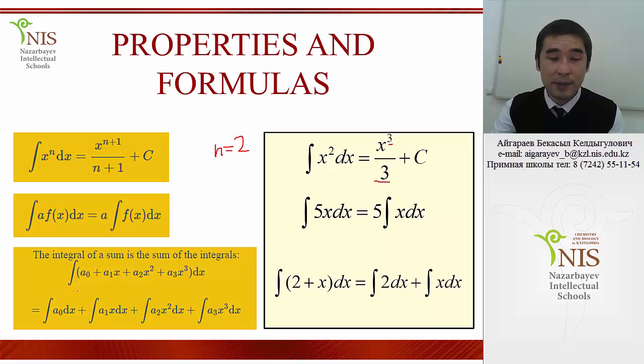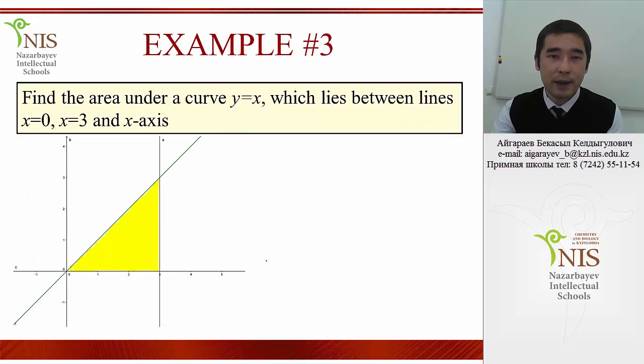So if we have different functions, we can integrate each one separately, like 2 plus x: we integrate 2 and we integrate x separately. So these are the properties and formulas that will come in handy when we solve some examples for integrals.